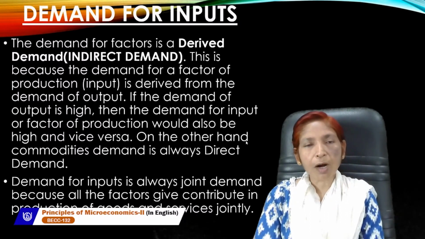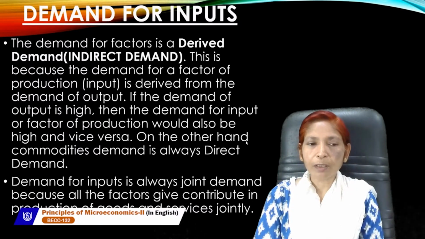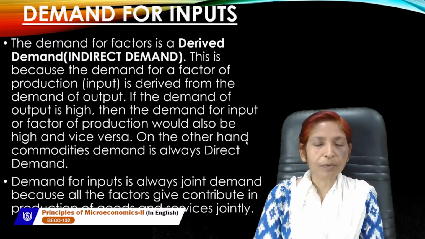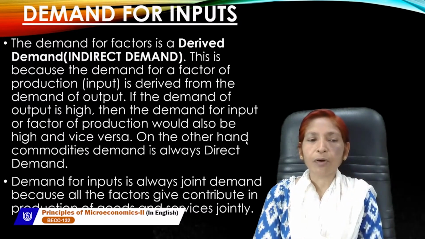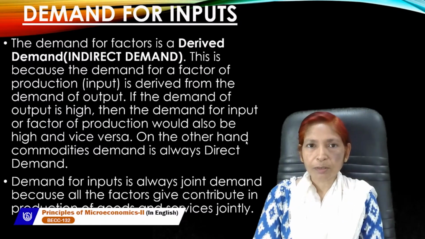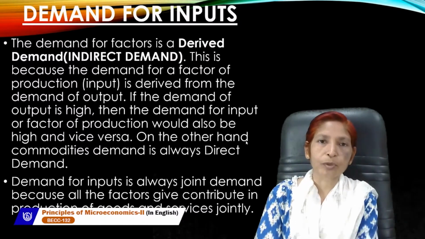And if the demand for output is low, then the demand for input will also be lower. So there is a direct and positive relationship between demand for output and demand for input. If we want to produce more output, we will demand more input.